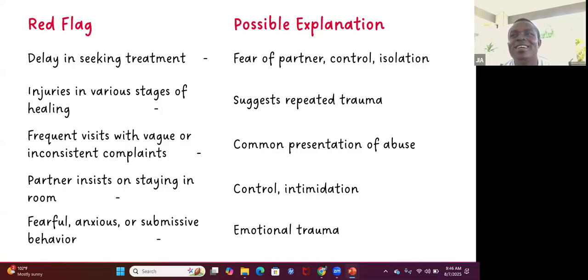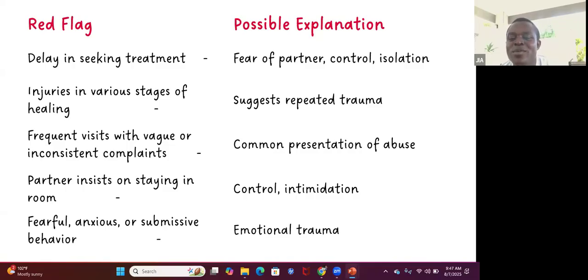It could be that the man has been abusing the woman, and it has gotten to a state that the woman will need health care. When the man takes the woman to the hospital, before that, the man can even give a strict warning to the woman that if she ever gives any history or tells what really happened for her injury, that will be the end of the marriage.